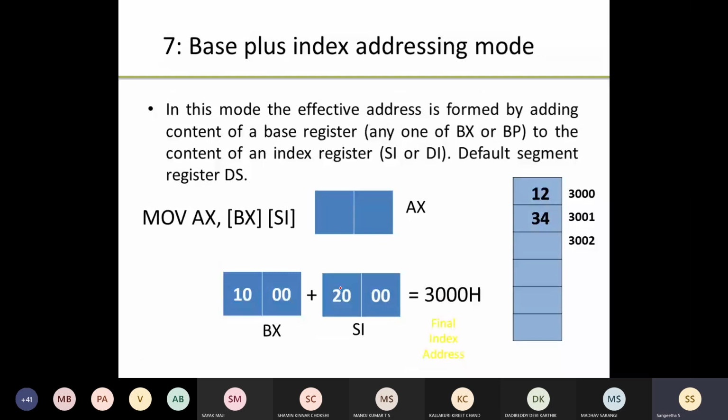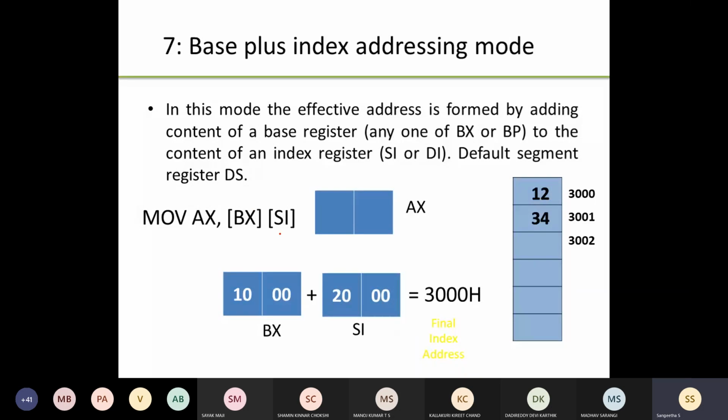And the next one is base plus index register mode, which means a base register you have to use along with your index register. Adding the content of a base register to the content of the index register, you will calculate the physical address.